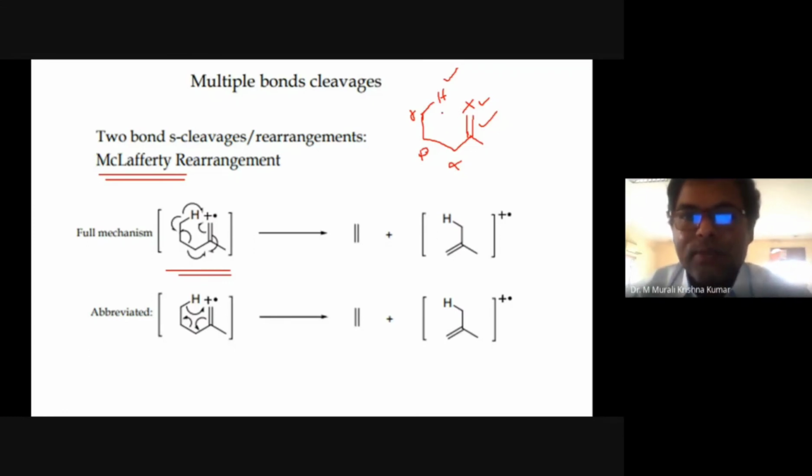So normally what happens? The bond cleaves over here, and then hydrogen is transferred onto this. Okay, so bond cleaves like this, and then bond cleaves over here. It goes like this. So you have a double bond over here because this bond is cleaved, and the double bond is shifted.